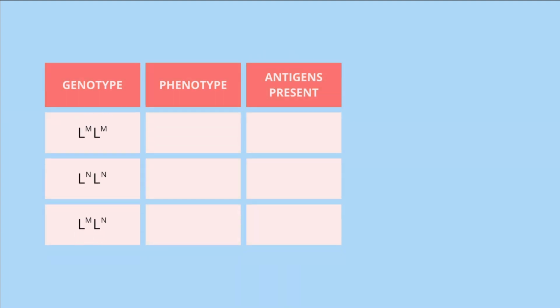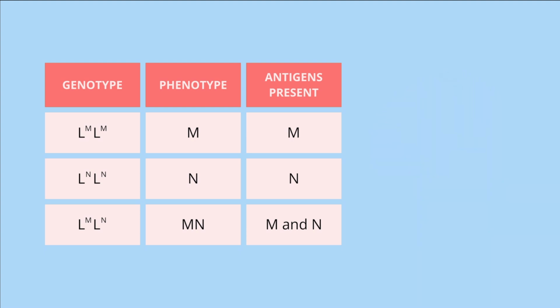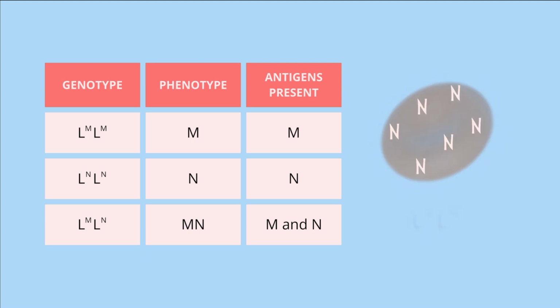But what if both alleles are expressed at the same time? Let's find out! Take a look at the human MN blood group. Individuals homozygous for the M allele have red blood cells with only M antigens, while individuals homozygous for the N allele have red blood cells with only N antigens.